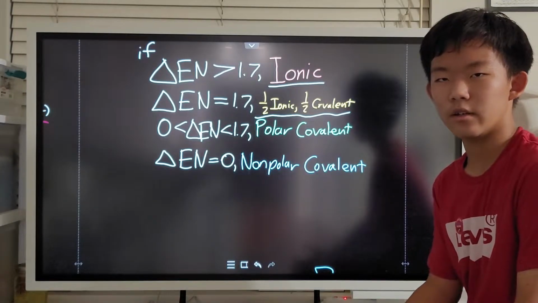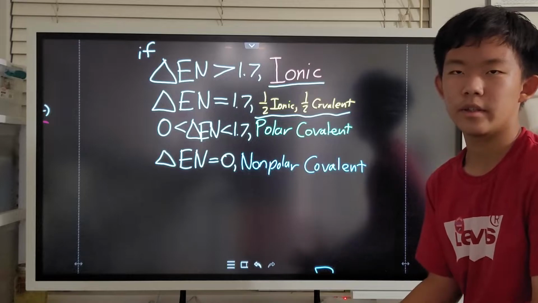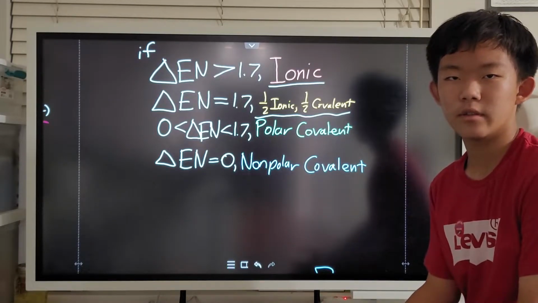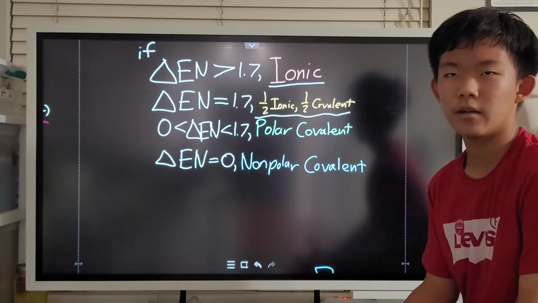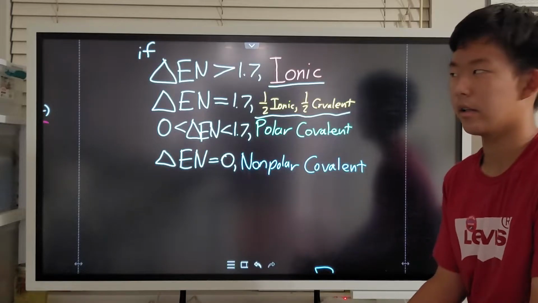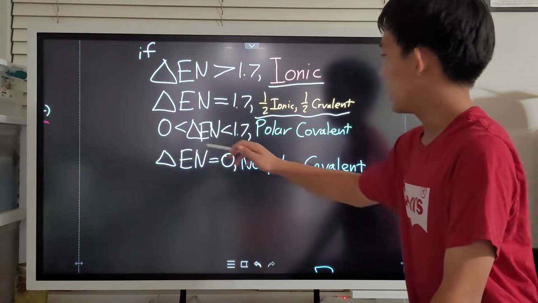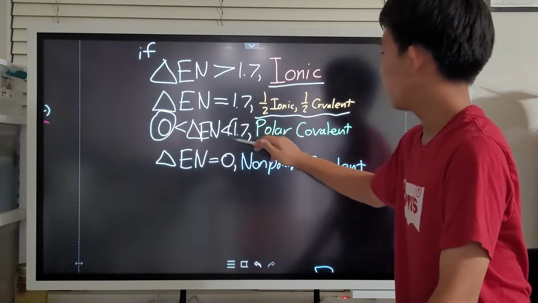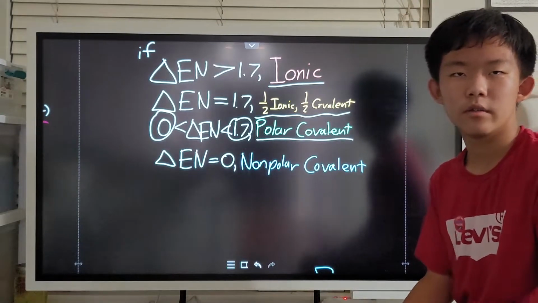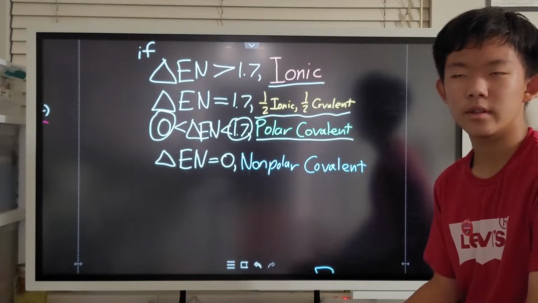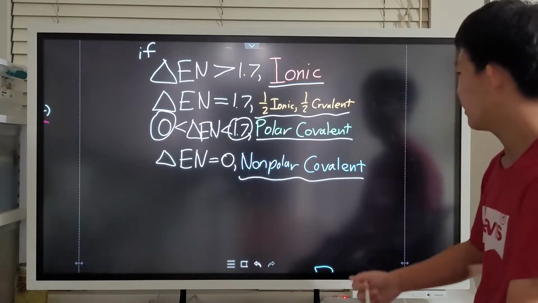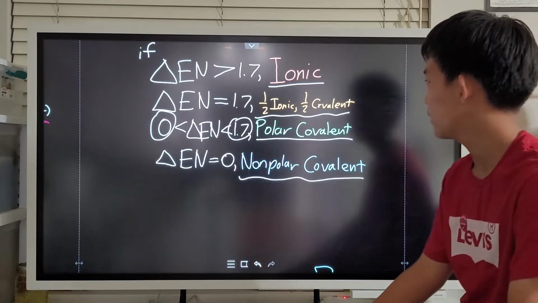It sounds kind of awkward that something can be half and half at the same time, but they actually do consider 1.7 to be the boundary between polar covalent and ionic. And if delta EN is between 0 and 1.7, then you call it polar covalent. In other words, it's the same thing, delta plus and delta minus. And if delta EN equals 0, as I mentioned, it is non-polar covalent.